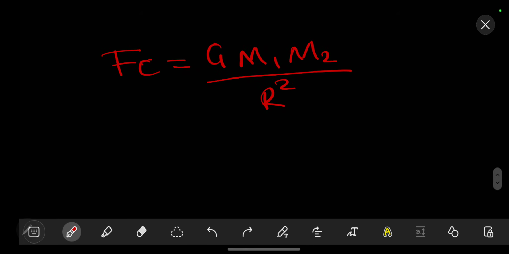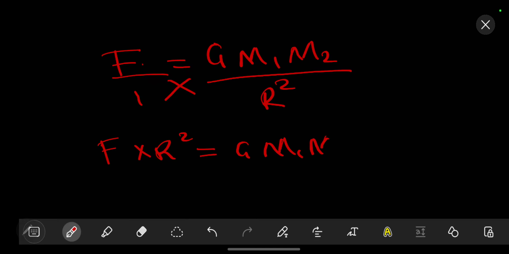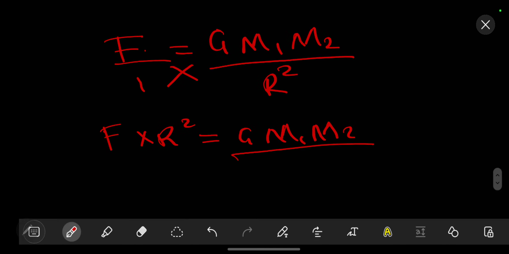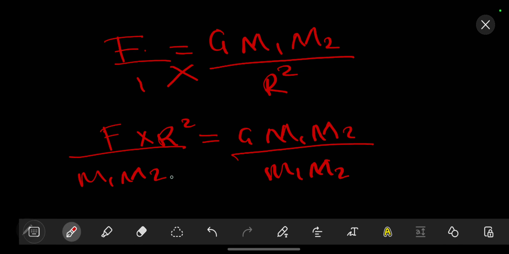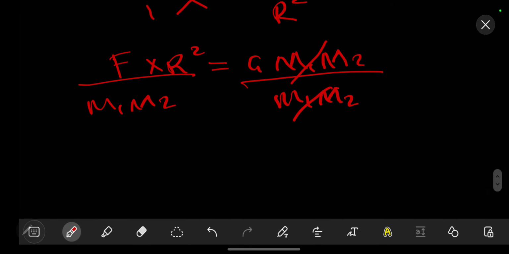So the dimensions of g are such that we have the gravitational force times r squared. If we cross multiply, this F times r squared should be equal to g m1 m2. Then we are going to divide over m1 m2. So already this is our g.